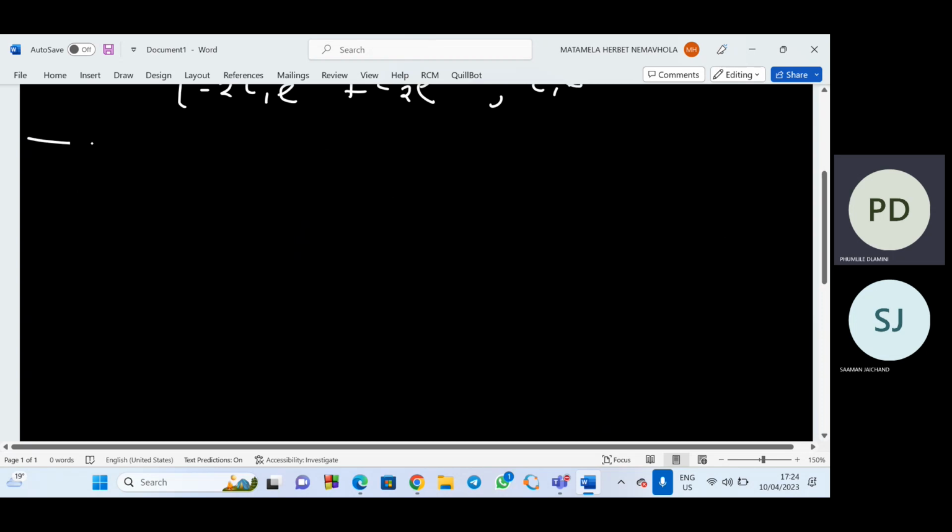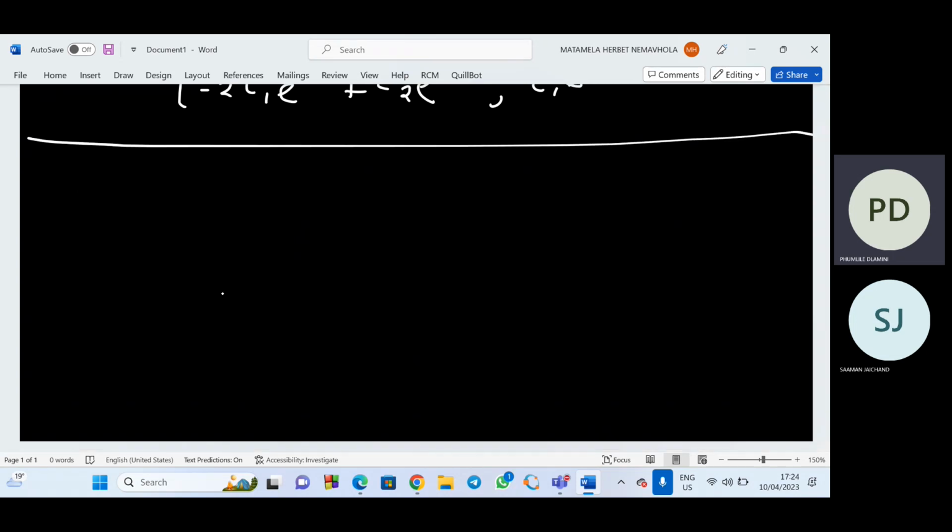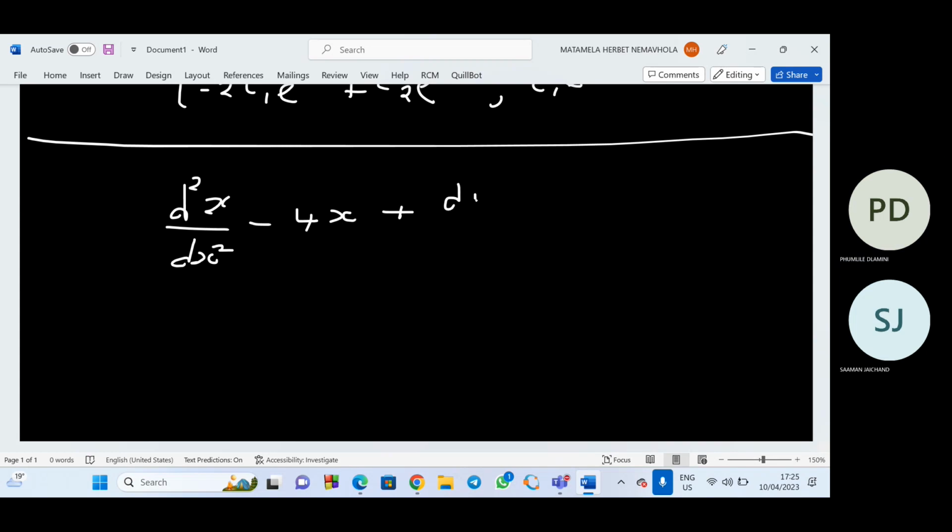Now let's assume we have this differential equation, d squared x over dt squared minus 4x plus dy over dt.